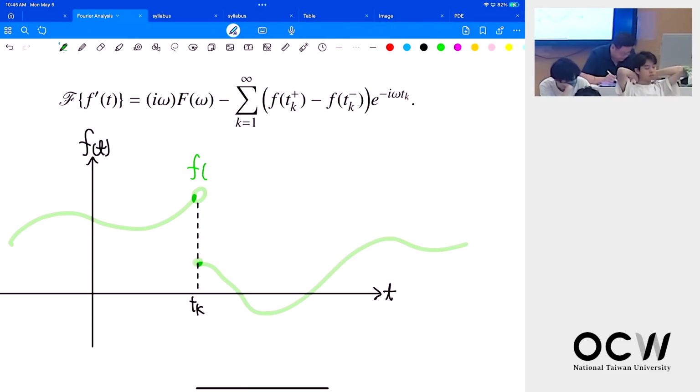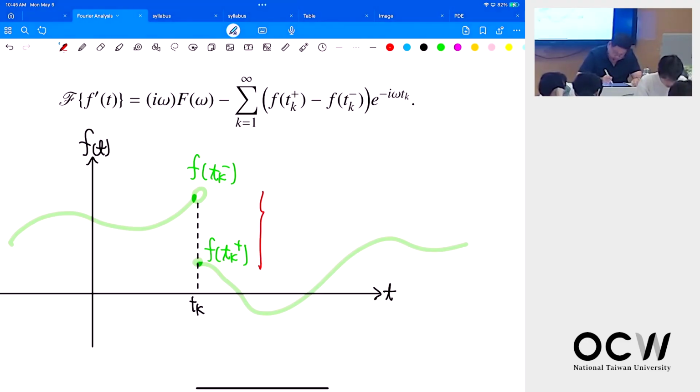So this is f of tk to the left, and also here tk to the right. So here we have a jump. This jump value will be f of tk to the right minus f of tk to the left.